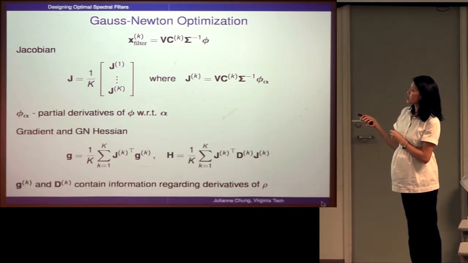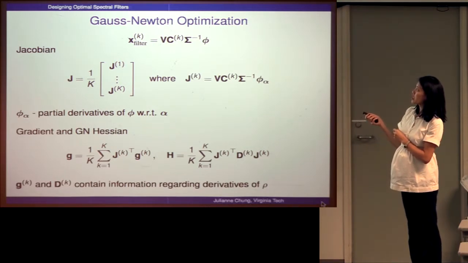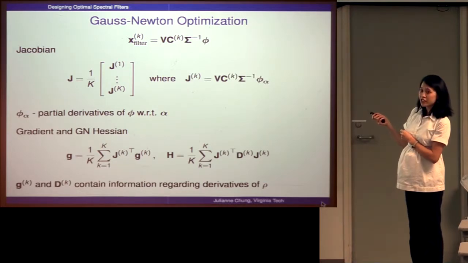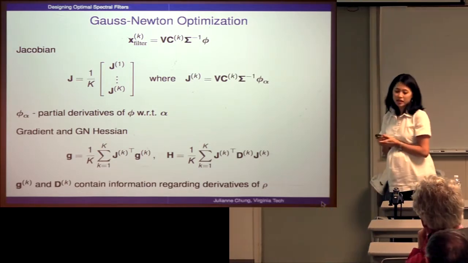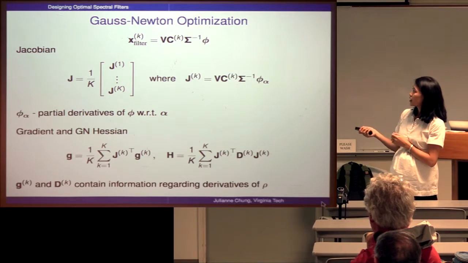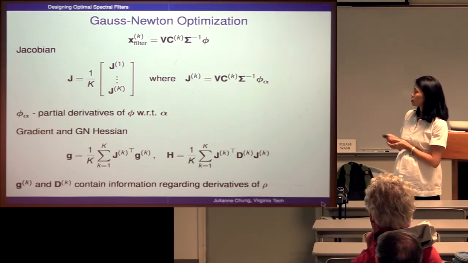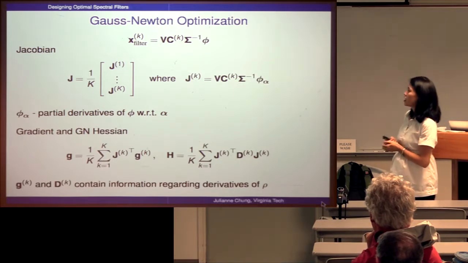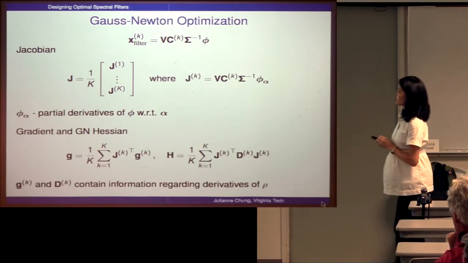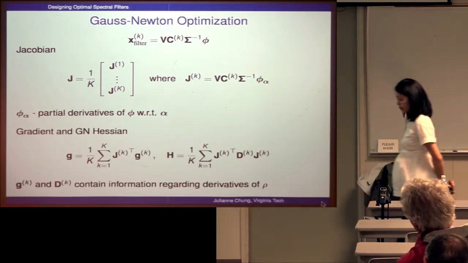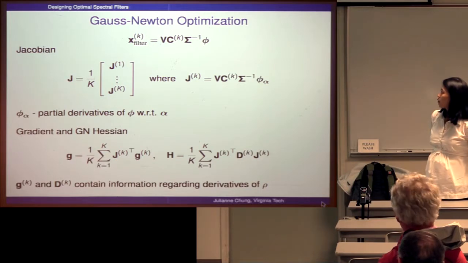Remember, the filtered solution can be written as a linear function of the filter factors. Then when you take the derivatives, the Jacobian is fairly simple to compute. Here phi of alpha contains the partial derivatives with respect to your regularization parameters. And of course, you can compute the gradient and the Gauss-Newton approximation of the Hessian.